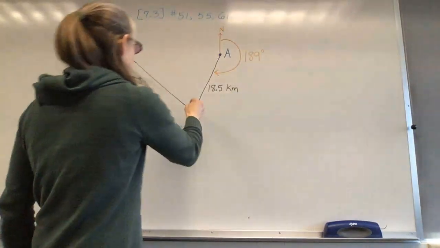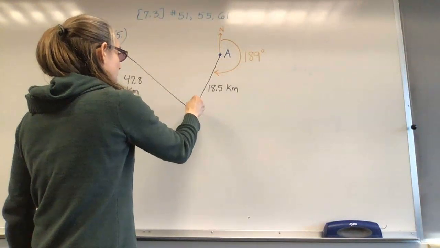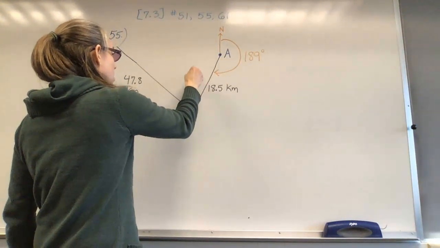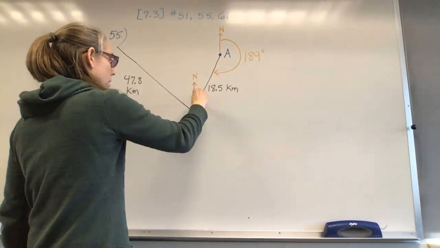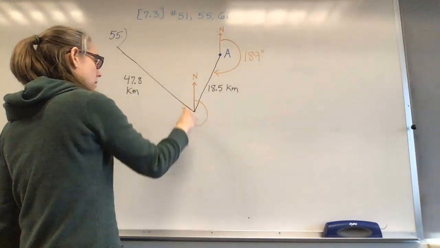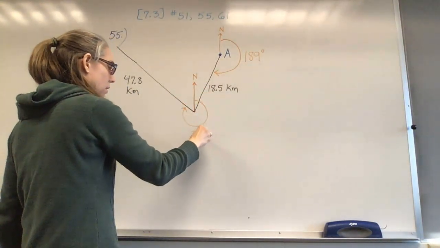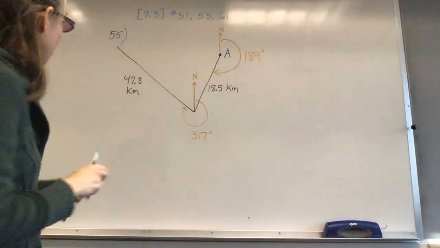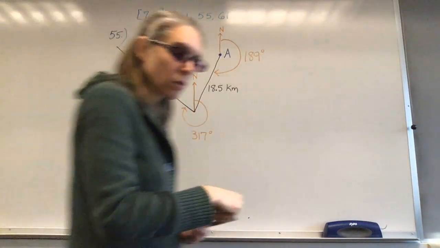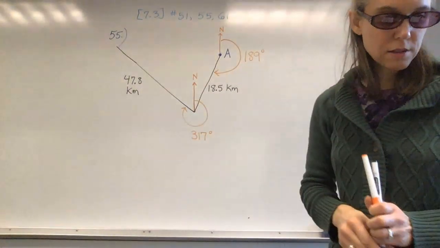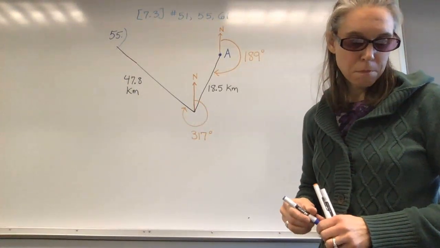So we have, here's due north again, and now we are going clockwise. We have 317 degrees. So then the big question is, what is the distance of the ship from point A?